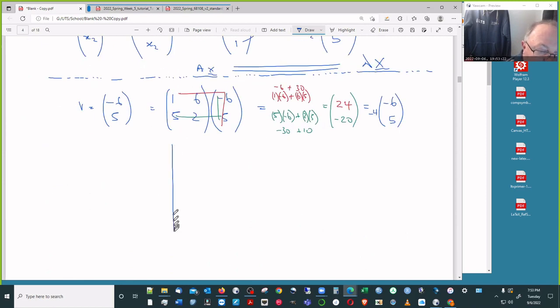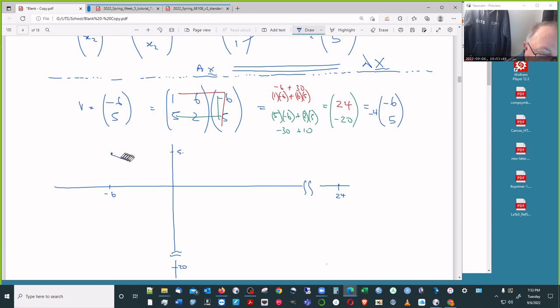So if we look at this on this kind of thing, minus 6, 5, and it gets transformed to 24, minus 20, way down here.